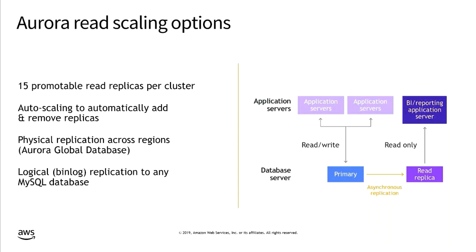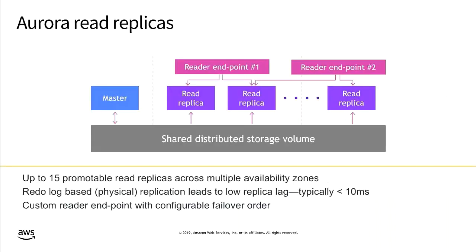You can do this replication across regions, and you can do standard bin log replication from Aurora to any MySQL database, whether it's Aurora or not. So a little bit more about read replicas. As we've said, you can have up to 15 per database cluster. One of the advantages of read replicas in the Aurora world is that they're all sharing the storage.